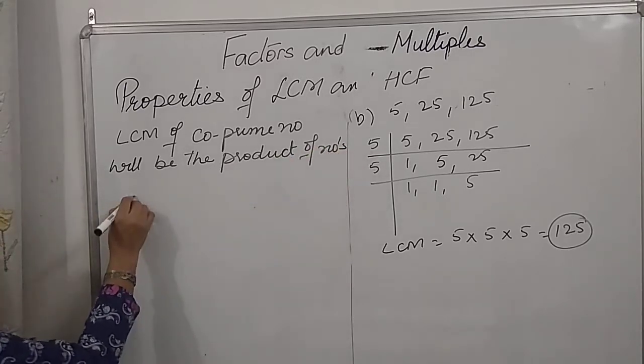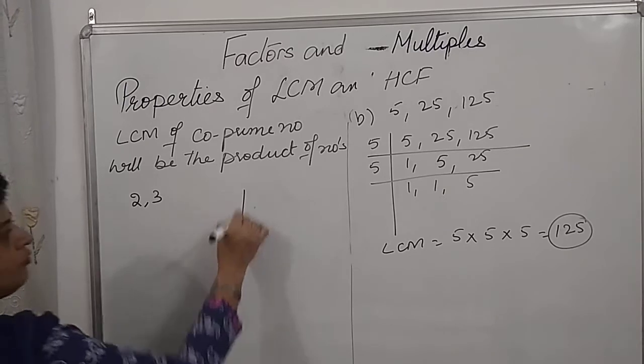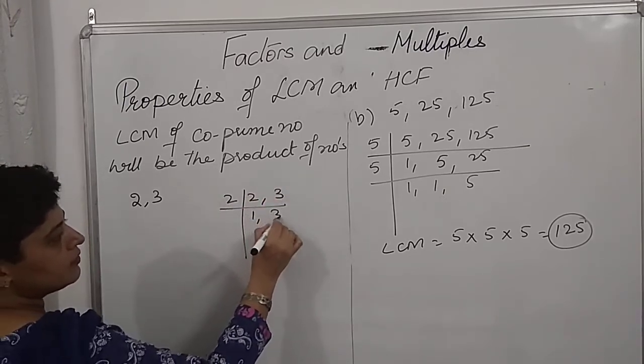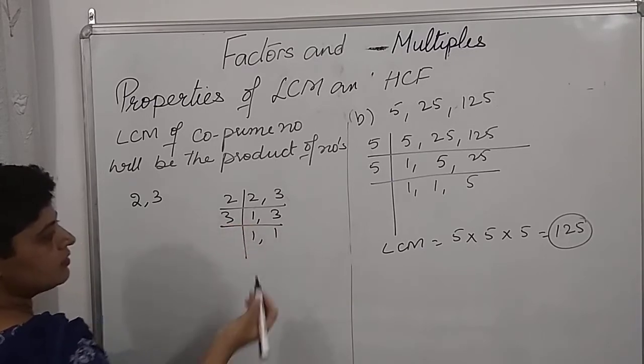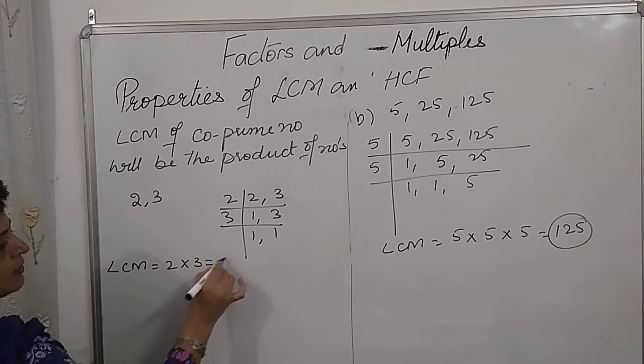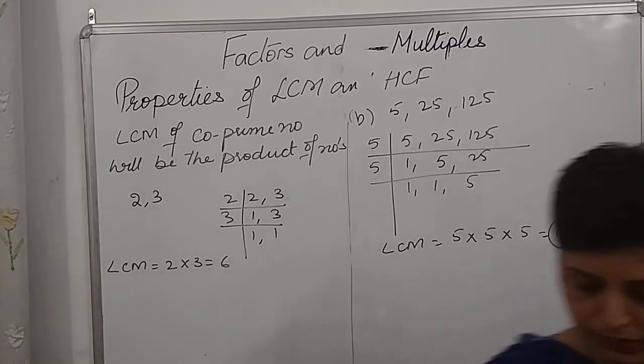How? Let's take two numbers, 2 and 3. Nothing is common. So, if you do it in division form, 2 and 3, nothing is common. 2 ones are 2, 3 ones are 3. So, LCM will be equal to 2 into 3, 6. The product of the numbers.